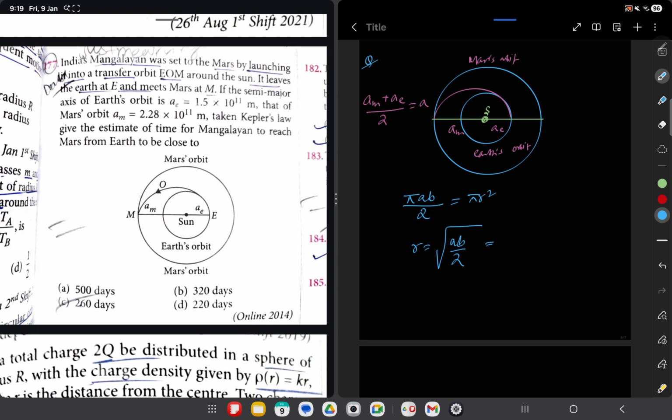This is a, and a is what? A is the major axis, and minor axis will be this one. So this will form an ellipse like this. I am just drawing the figure.